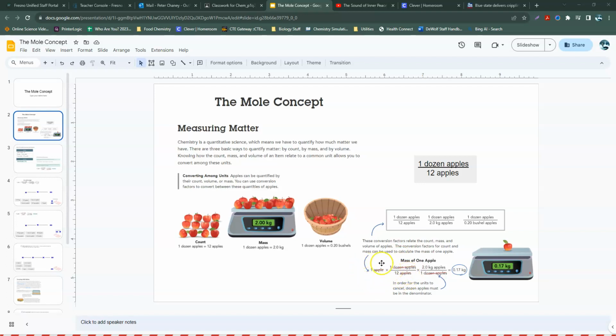So since we're looking for kilograms to 1 apple, we're going to cross out apples, and then our conversion for 2.0 kilograms versus dozen apples, we're going to put it this way because we want to cross cancel dozen, and we're solving for kilograms. So now all we've got left is numbers: 1, 1, 2, so that's 1 times 1 times 2, which is 2. And then we have 12 times 1, which is 12, which means we have 2 over 12, and that's the division problem.